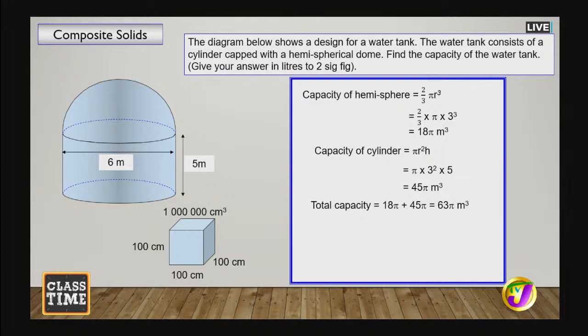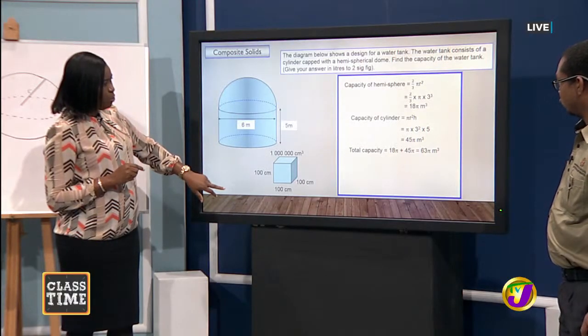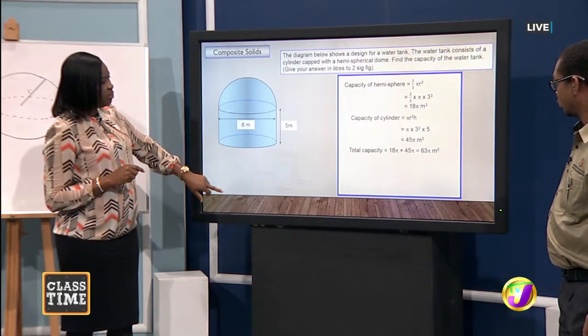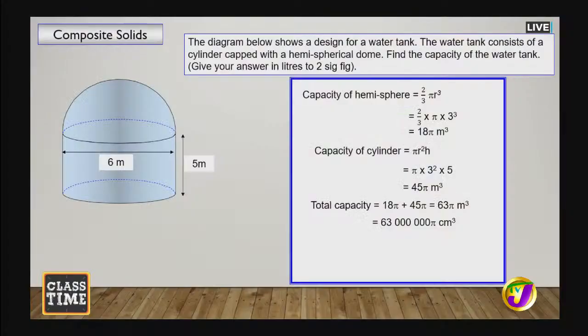When we do the multiplication, we get 1 million cubic centimeters to be equivalent to 1 cubic meter. So bearing that in mind, we'll convert that 63 pi cubic meters to cubic centimeters by multiplying by that 1 million, our new conversion rate.